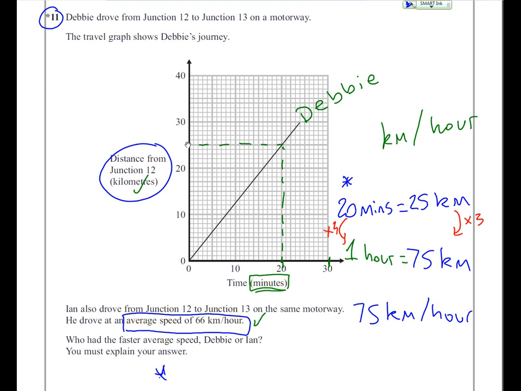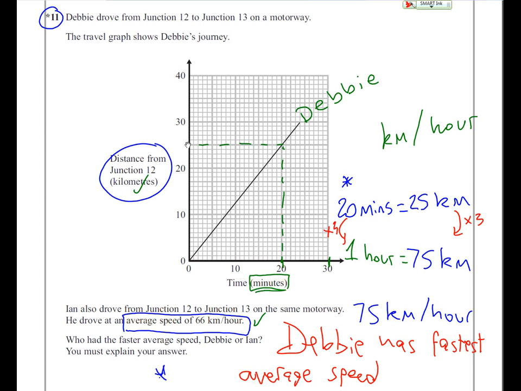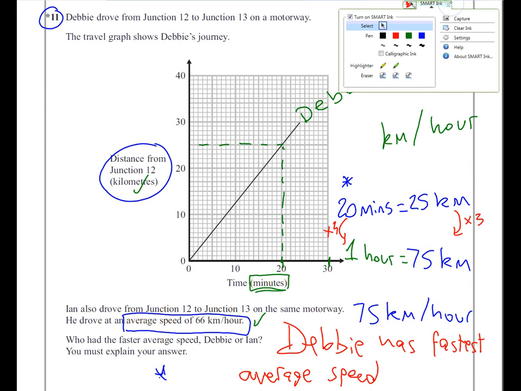So you could say, well, Debbie has the fastest average speed. And you could say hers is 75 and Ian's is just 66. Okay. Moving on.